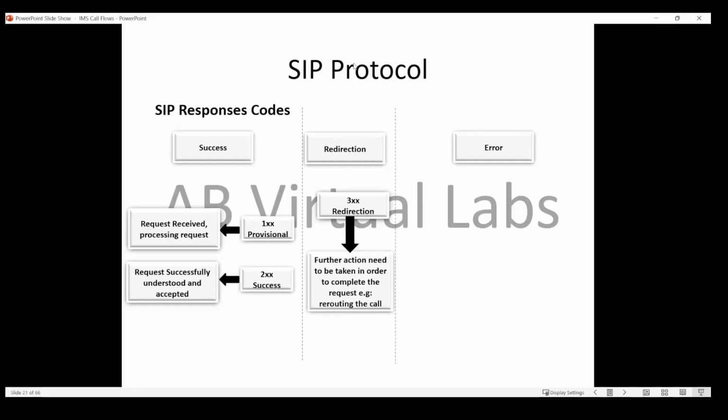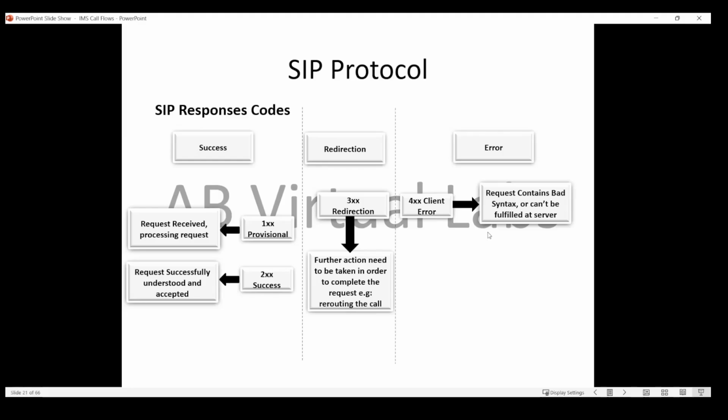And then we have error responses starting from 400s till 600s. All the remaining response codes are showing an error. The 4xx is a client error where the request contains bad syntax, or cannot be fulfilled because of a client error.